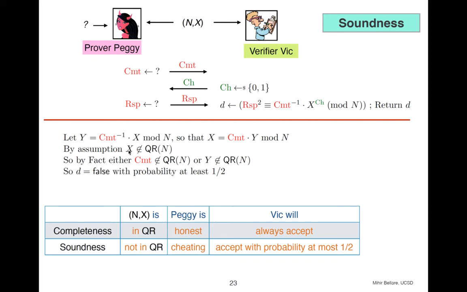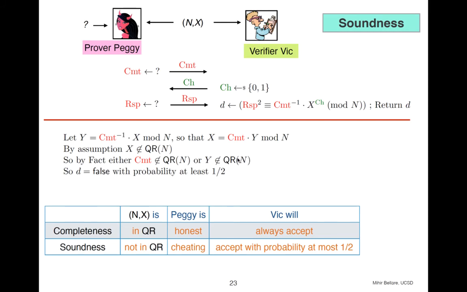Now we know by assumption that big X is not a quadratic residue. So then the fact we saw earlier tells us that one of commit or big Y also must fail. It can't be a quadratic residue.